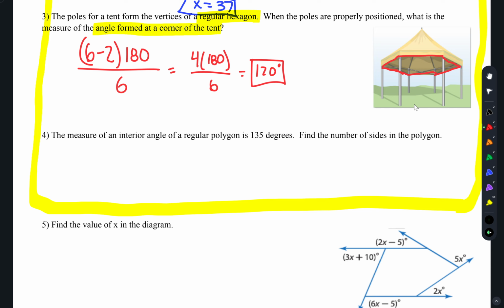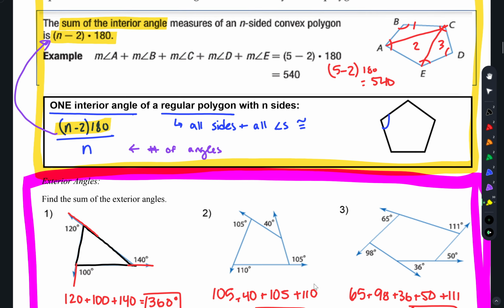So I'm still looking for those same keywords, which are the measure of an interior angle of a regular polygon. The one angle is 135 degrees. I'm looking for the number of sides. My formula to get the measure of one angle of a regular polygon is still this one that we had on that last page, where I take the sum and I divide it by n.